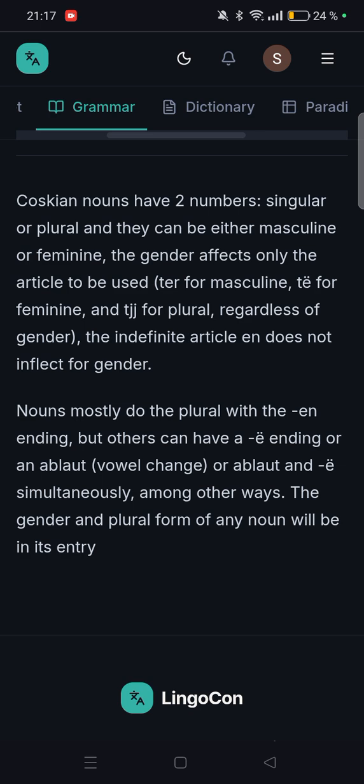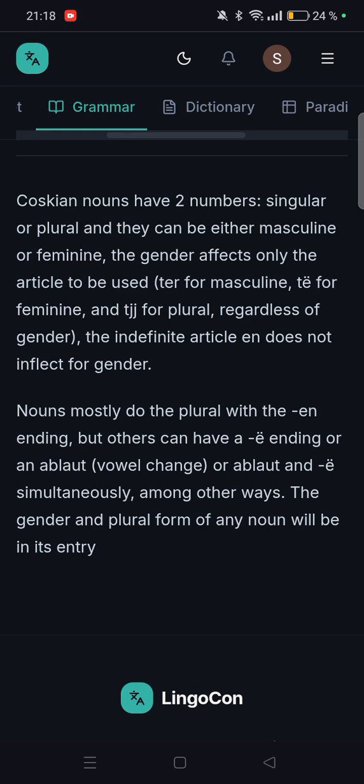And mostly you have n, boken. And for the only ablaut, for example, you have tighter, meaning daughter. The plural is toiter, so just a vowel change. Or sun, meaning son. The plural is suna, sona, sorry. So vowel change.